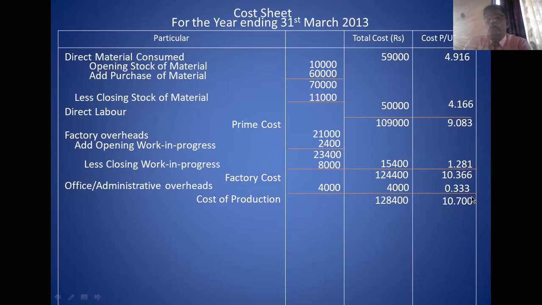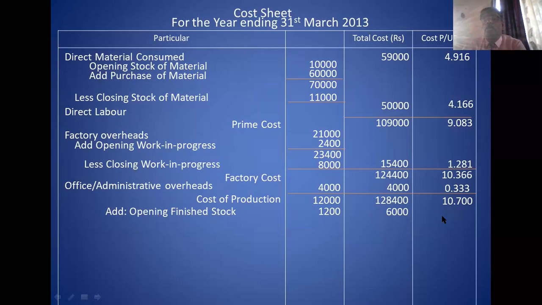And whatever units produced are there, you take in the inner column. You consider this point very carefully. 12,000 units produced. To this 12,000 units produced, you add opening finished stock. Opening finished stock unit is 1,200. Value is 6,000.